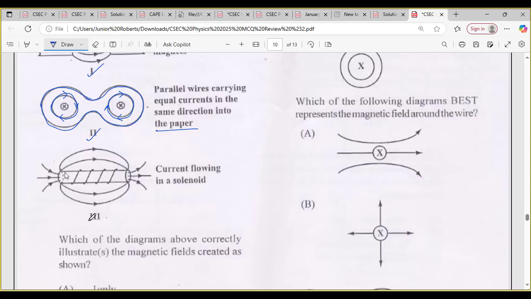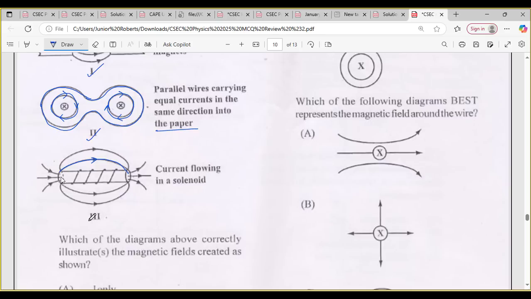So we have this one going from north to south outside the magnet. Let's see what's really happening here. Assume this is north to south outside the magnet, so it's going to continue around like this.